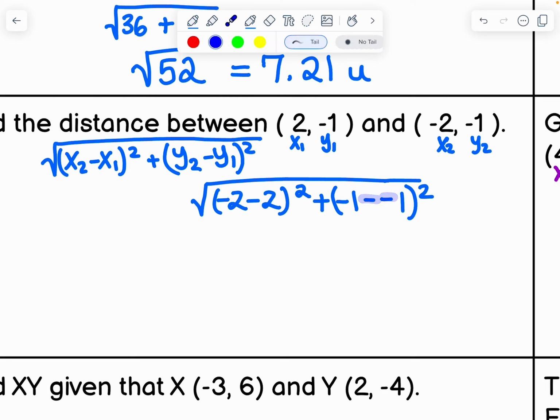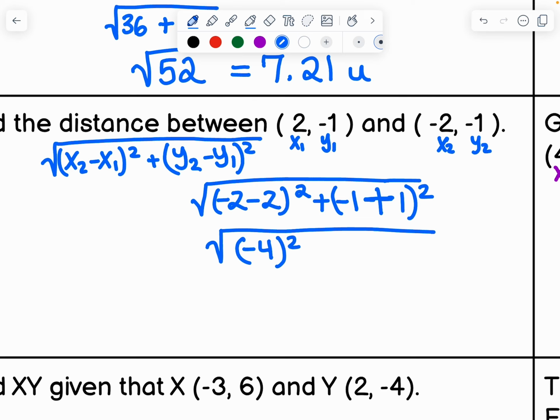So again, we have a double minus. What happens when we have a double minus? That turns into a plus. Let's move on. -2 minus 2 is -4 squared, plus -1 plus 1 is 0 squared.